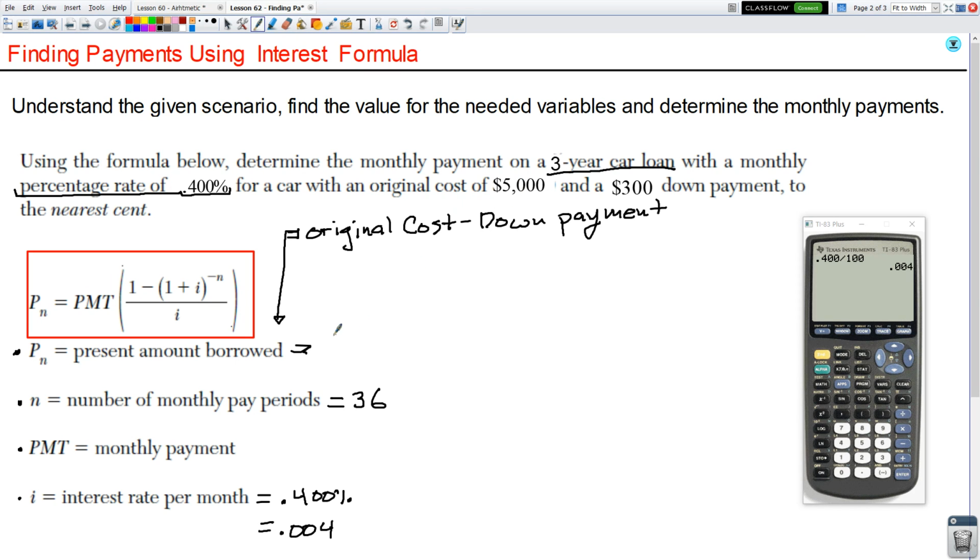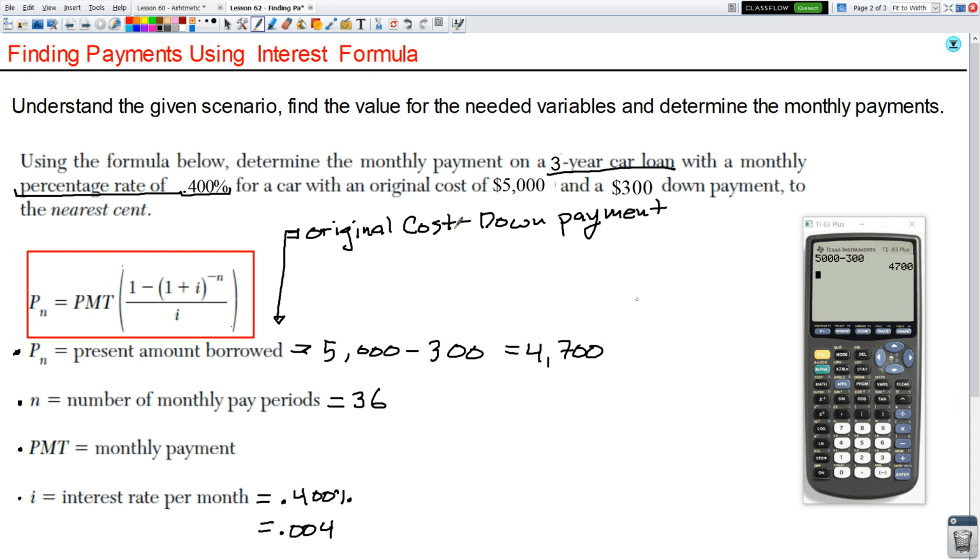The original cost is 5,000 and the down payment is 300. So that means that Pn has a value of 5,000 minus 300, which is 4,700.